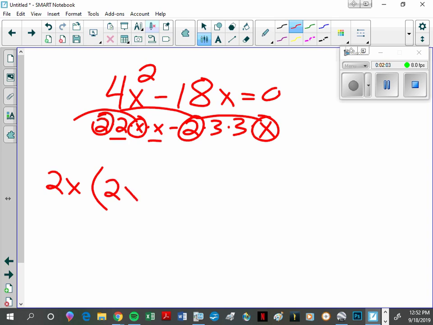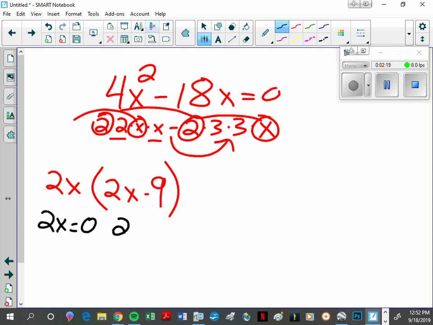2x and negative 9. Then I write equals 0 on both of them. So 2x equals 0, and 2x minus 9 equals 0.